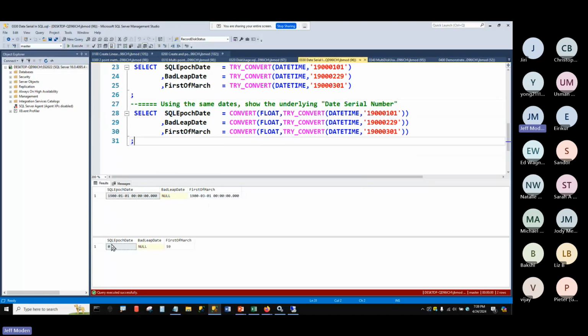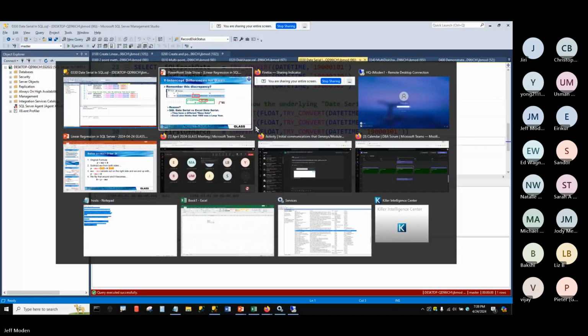And we can see the 1st of January 1900 is day number 0, and the 1st of March, which is 59 days later, is a 59. A date serial number represents the number of days since the 1st of January 1900, both forwards and backwards. There's negative numbers prior to that.